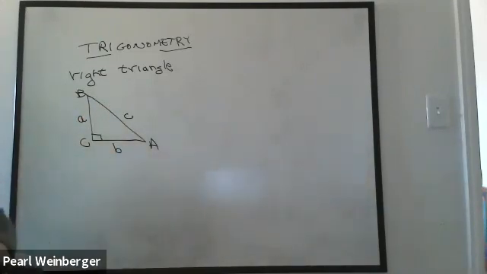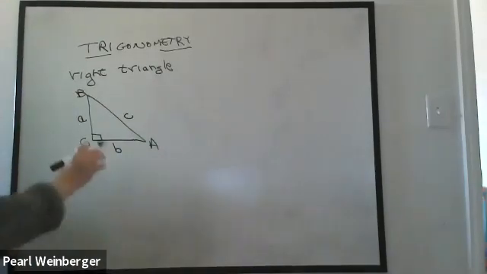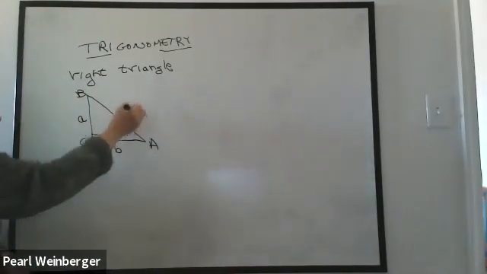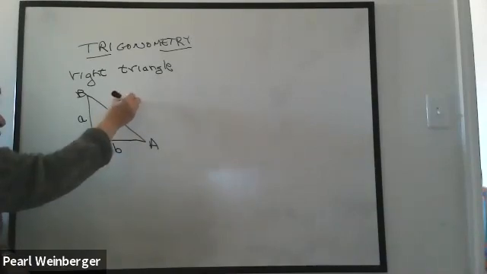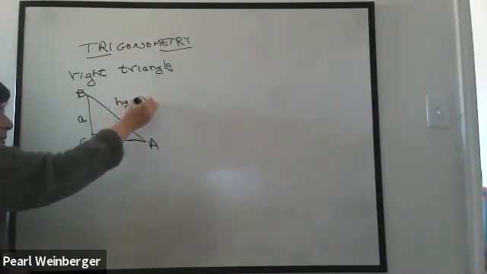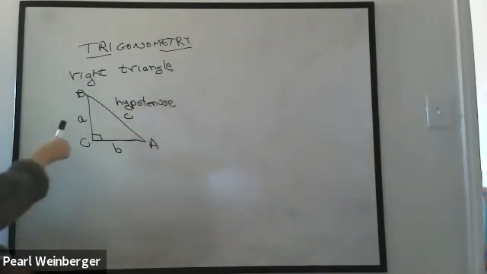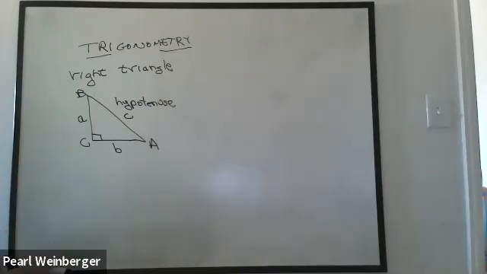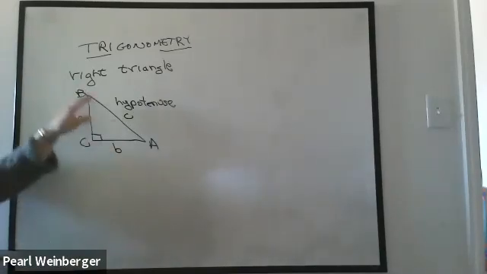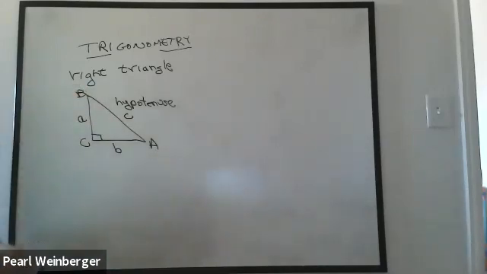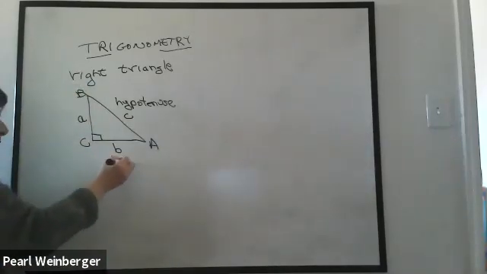We also have different names. The side that's opposite the right angle is called the hypotenuse of the right triangle. The other two sides, that are not opposite the right angle but are opposite the acute angles of the triangle, are called the legs.